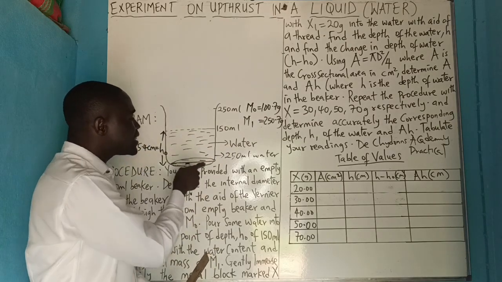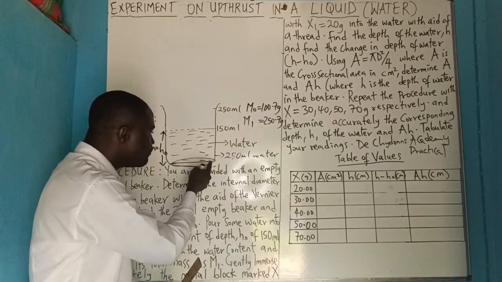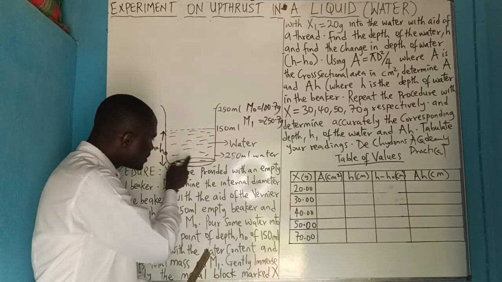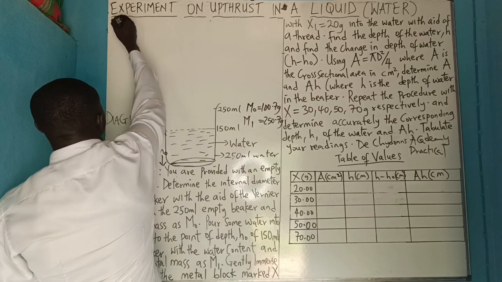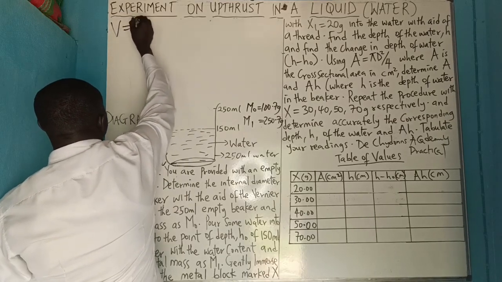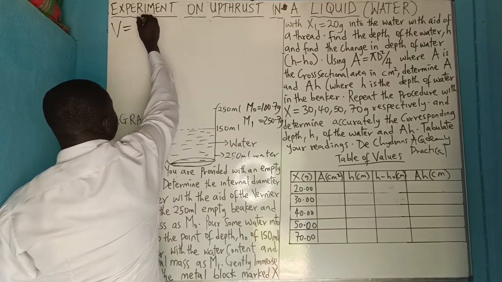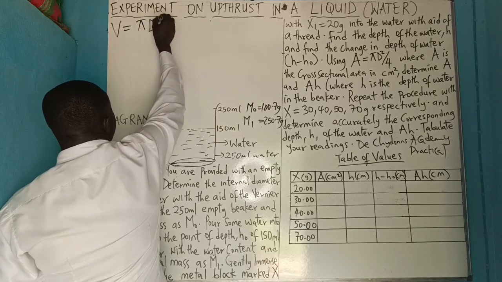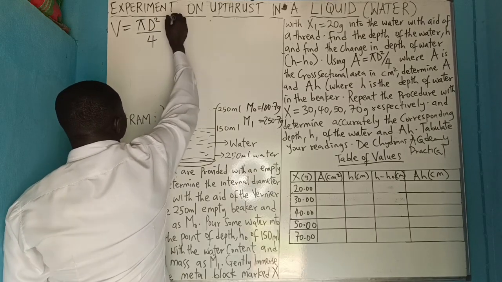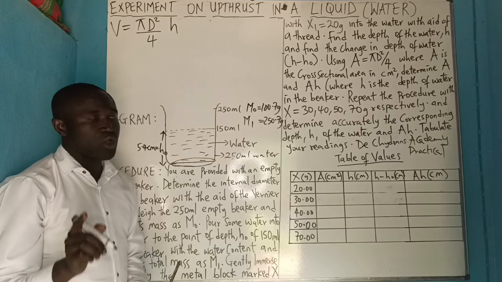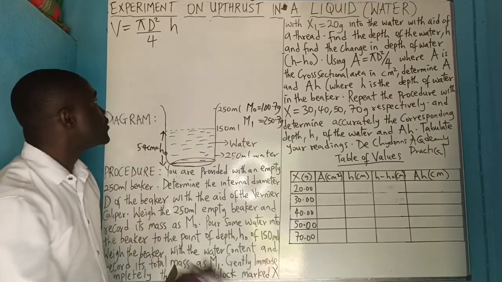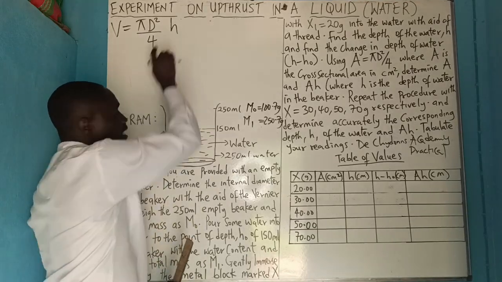And this water takes the same base with the base of the cylinder. They take the same base. And so what we say is, volume is equal to pi d square over 4 times height.